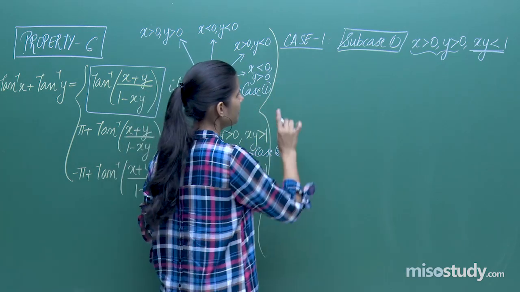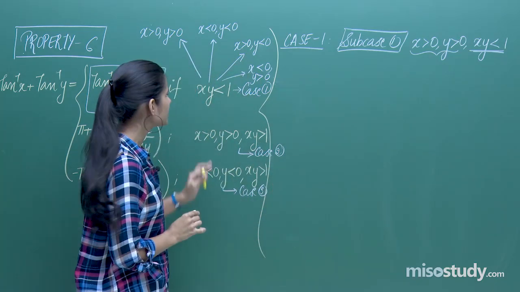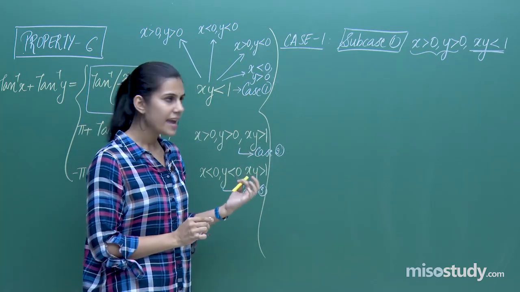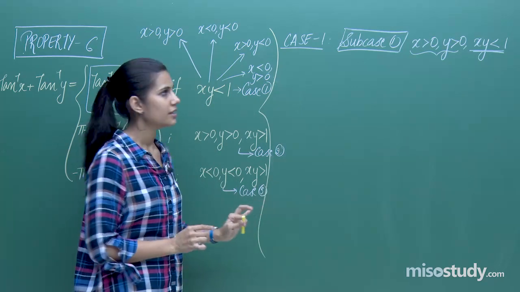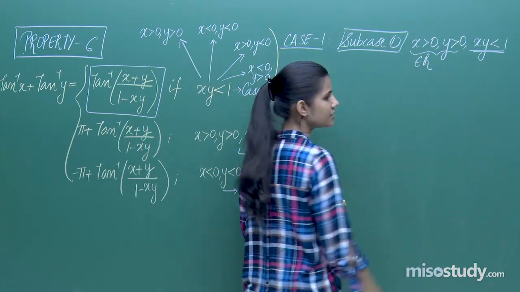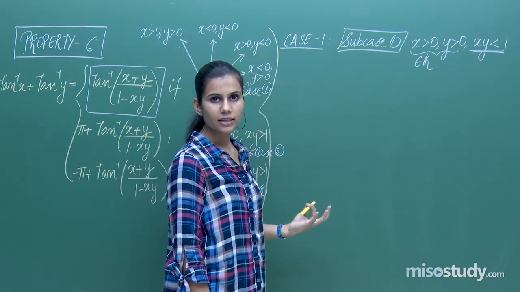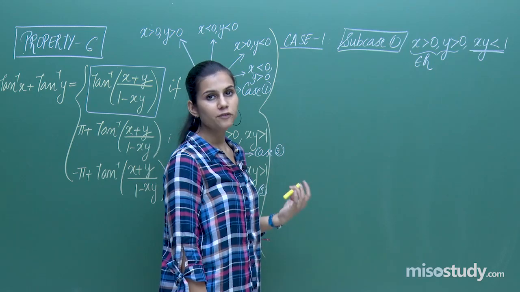Fine. Now see, x and y are two real numbers such that they are both positive and their product is less than 1. Clearly x and y are positive real numbers, right? That means automatically they both are lying on the real line, and the set of all reals is the domain for tan inverse.